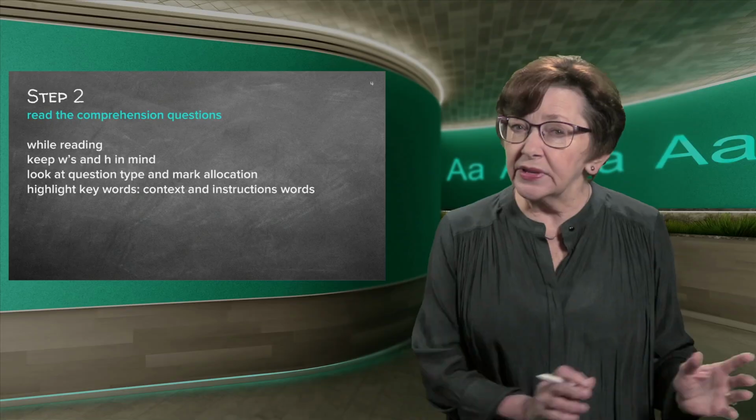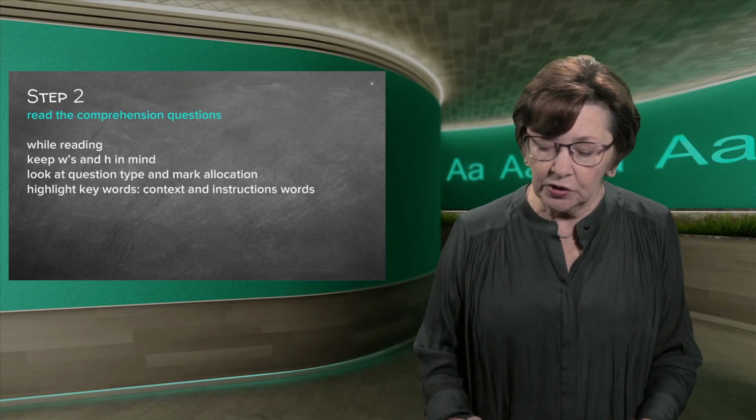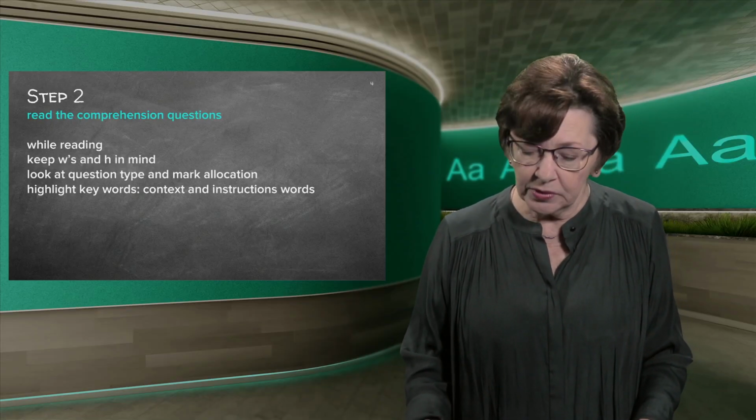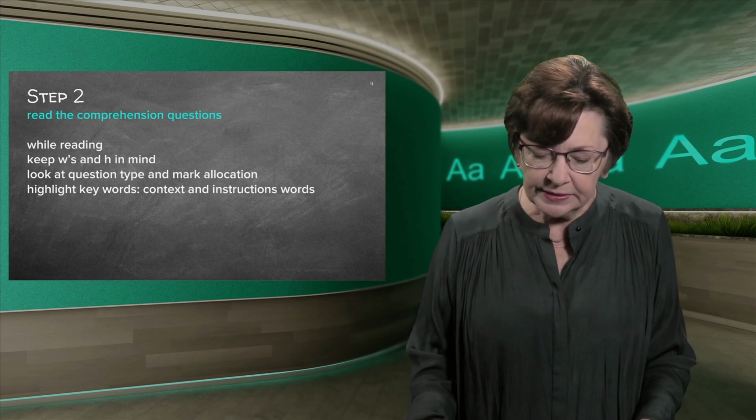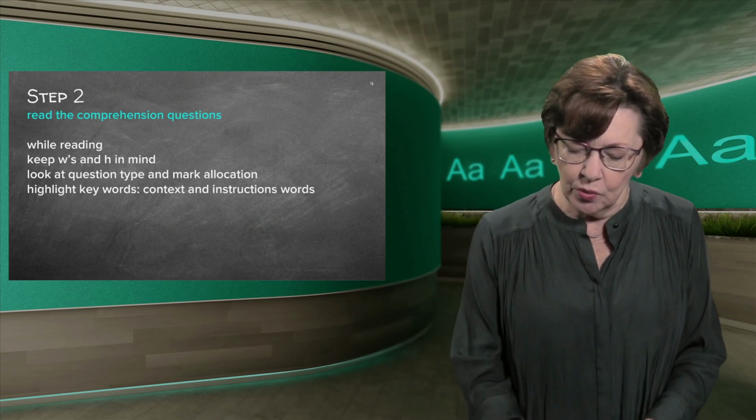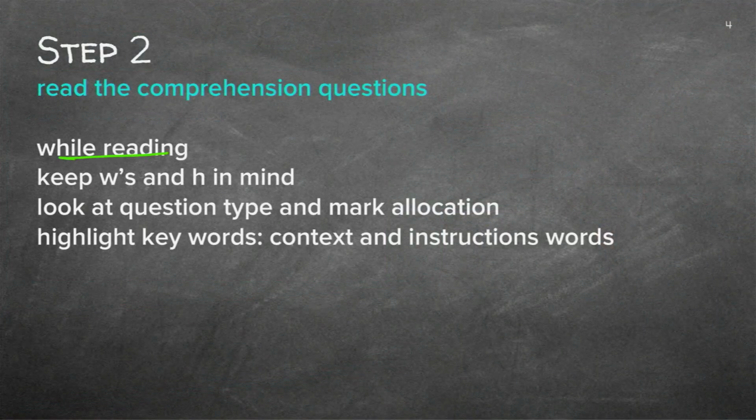Once again, as I've said in a previous lesson, you quickly also skim the comprehension questions. While you're reading, think of the who's and the how's. Keep those in mind. Who have you read about? Why? And in this question, how is it phrased, and what does it have to do with the who, with Rafensi?